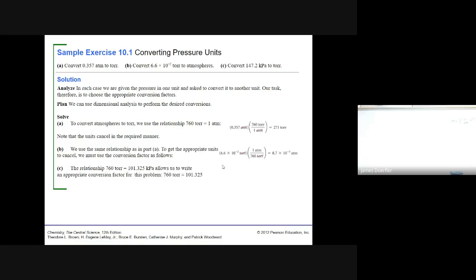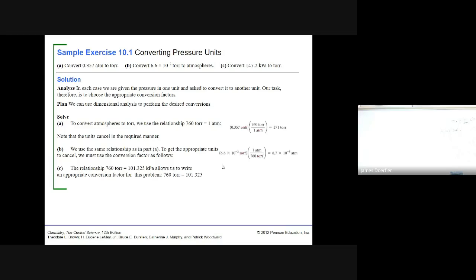Next conversion, we have to go from 6.6 times 10 to the negative second torr to atmospheres. So what units go where here? What goes on top? Atmospheres. Very good. Therefore, torr goes on bottom, which allows for those units to cancel.